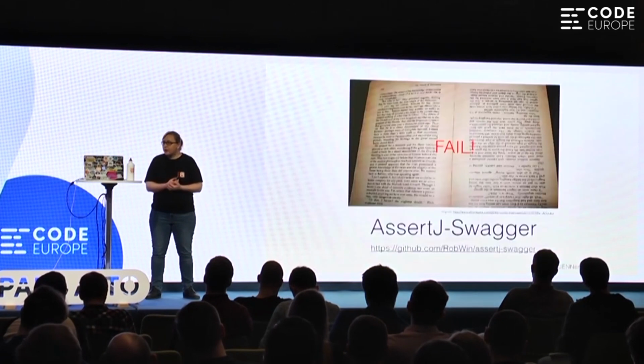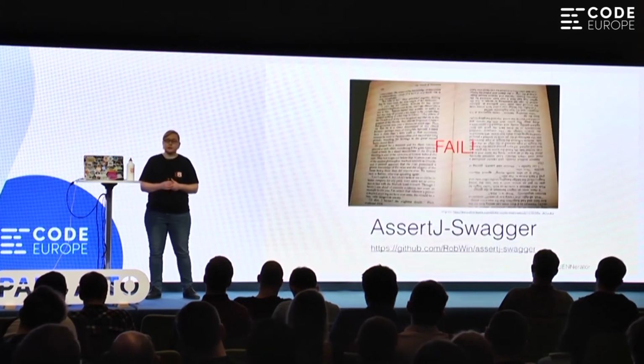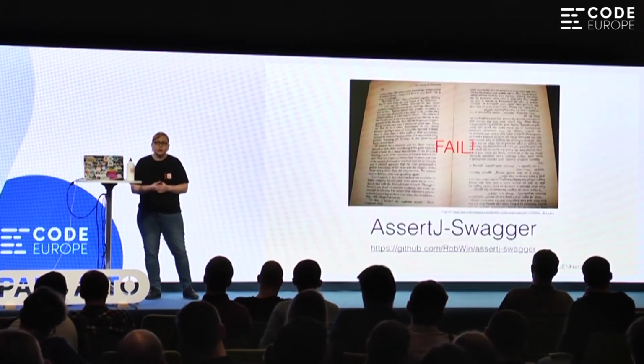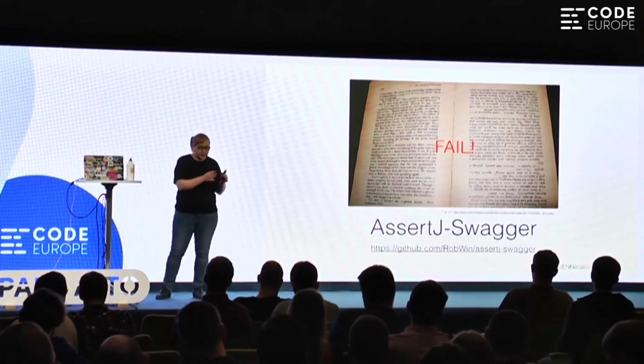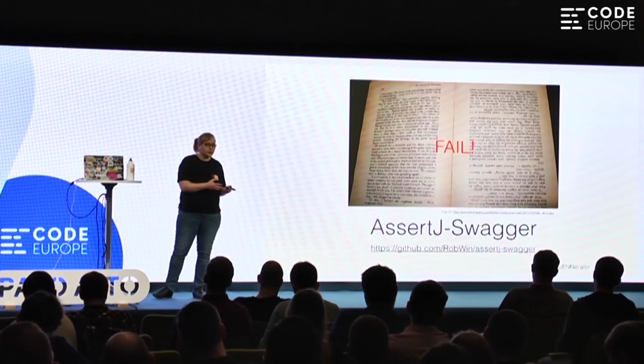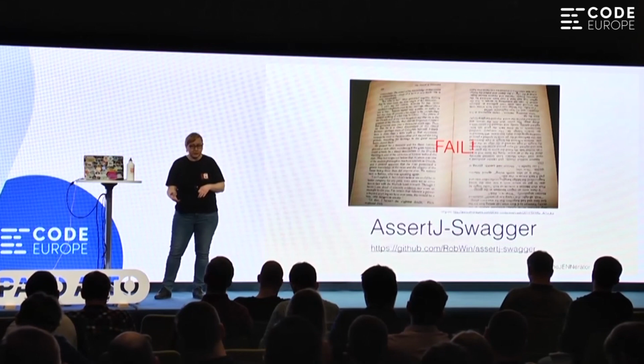The next library that you may want to use is assert JSwagger. So I've kind of talked about how documentation can be generated from your source code, which is what you implemented or what you intended to implement.